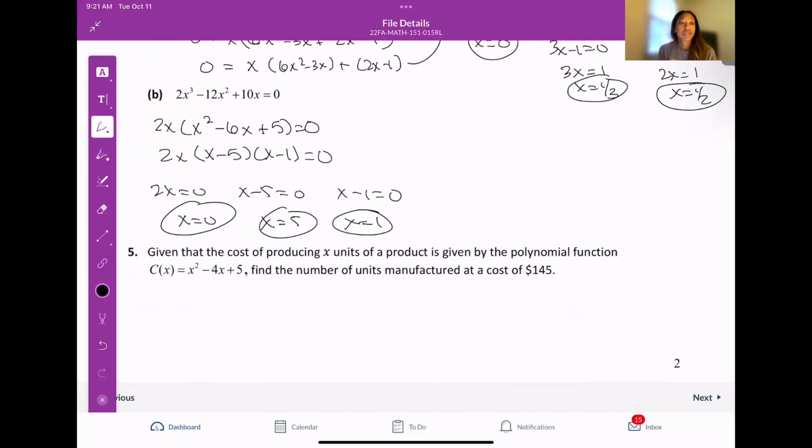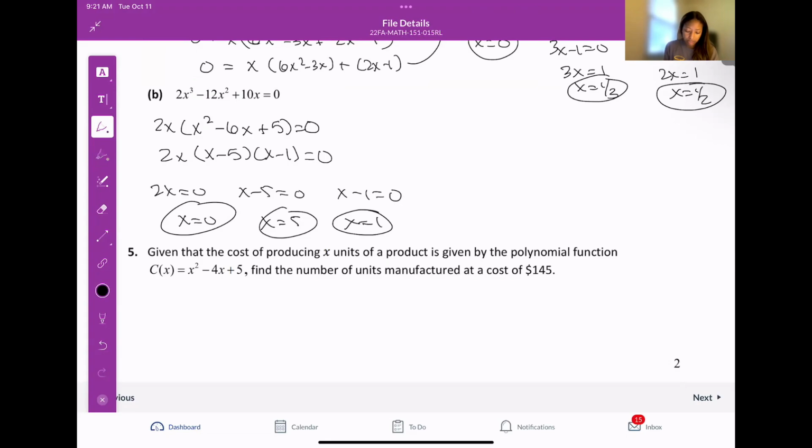All right, and last one here. Given that the cost of producing x units of a product is given by the polynomial function c of x equals x squared minus 4x plus 5, find the number of units manufactured at a cost of $145. So this is an example where we're given the cost.